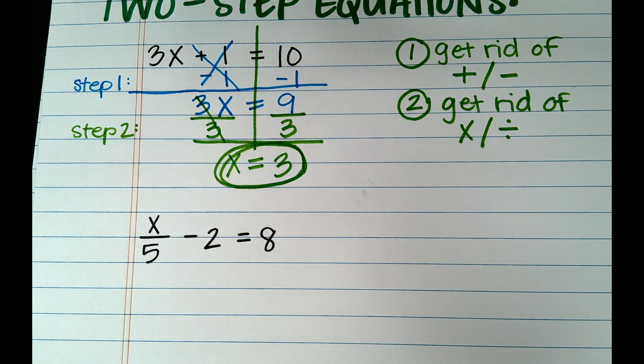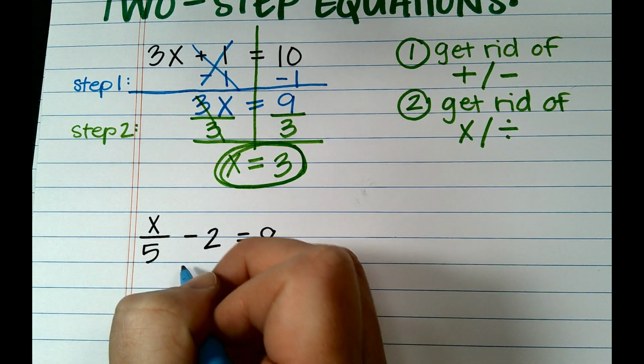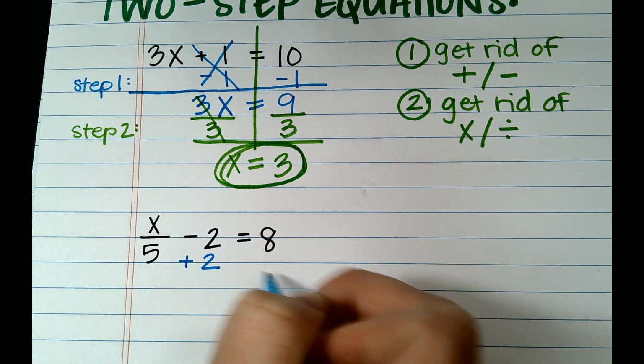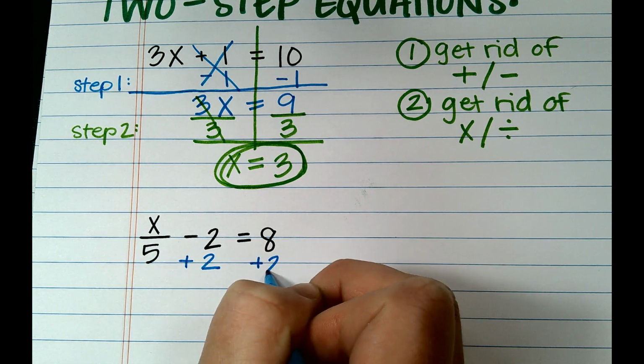So for step 1, do I have any addition or subtraction to get rid of? Yes. What do I need to get rid of? The minus 2. How do I do that? Add 2. Good. So plus 2 on both sides.